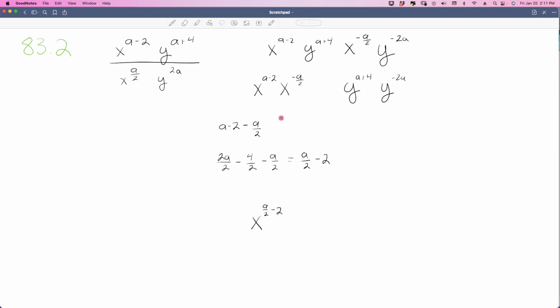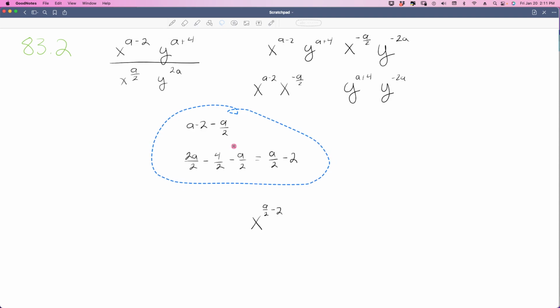So I'm going to move this over a little bit just to give myself some more room. And let's do the y. The y exponents are a plus 4. And then I have, when I add negative 2a, it would turn into subtraction, so minus 2a. So a plus 4 minus 2a, I don't have any denominators. I can just combine.